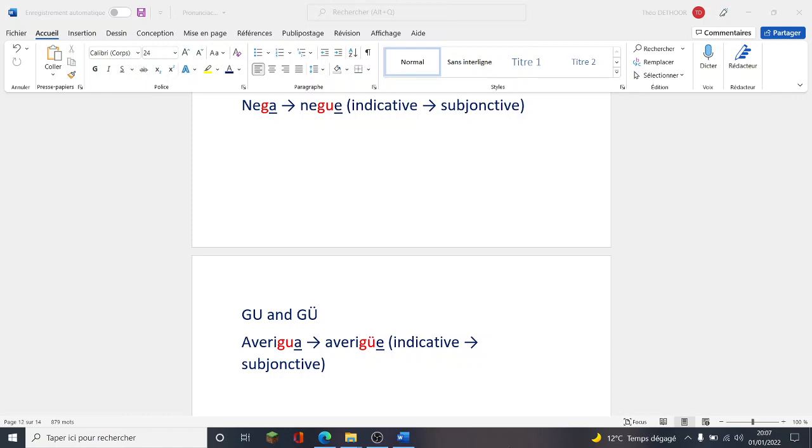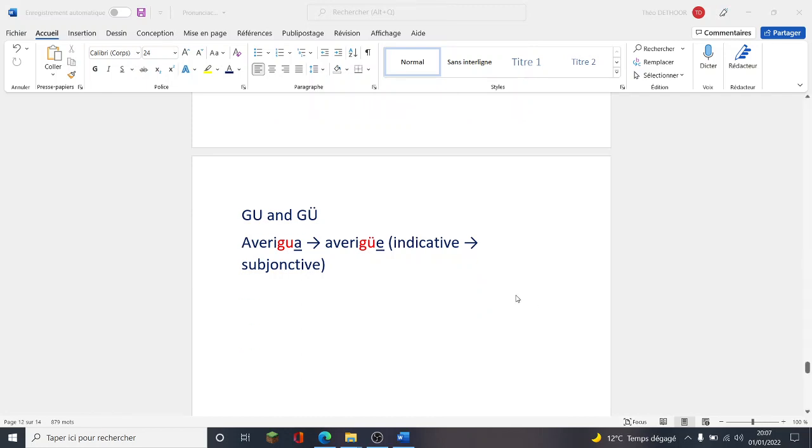But if you turn that into subjunctive mode and you forgot to put 2 points above the U, you will obtain averigue. And we don't want averigue, we want averigüe. So we need 2 points above the U, and this phenomenon is called diéresis, as we saw it when we were learning the pronunciation of the letter G in its context. So in this case, you obtain averigüe from averigua.